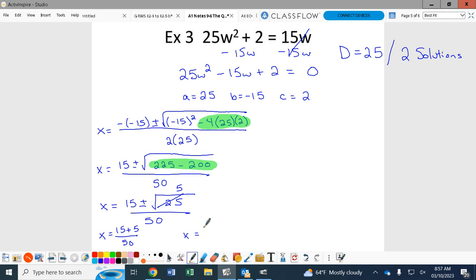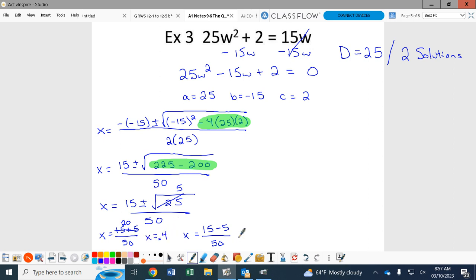So 15 minus 5 all over 50. 15 plus 5 is going to be 20, and use your calculators, do 20 divided by 50 and tell me what that is as a decimal. Just 0.4. So x equals 0.4.